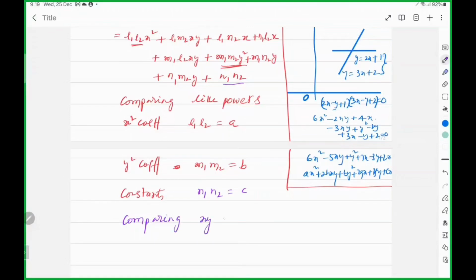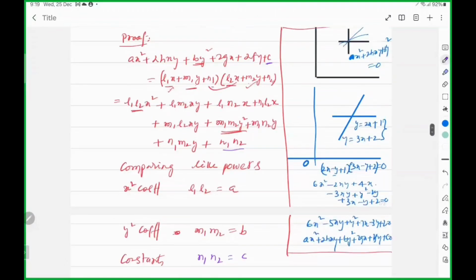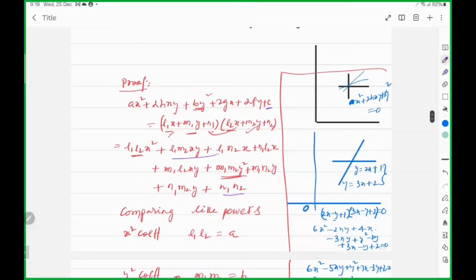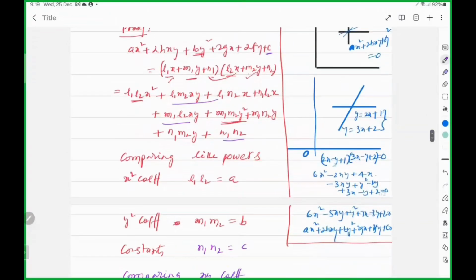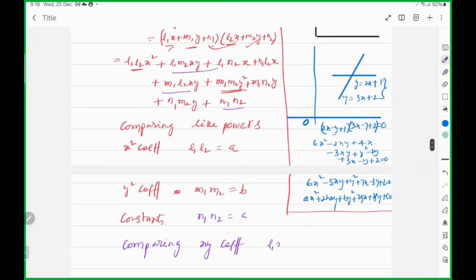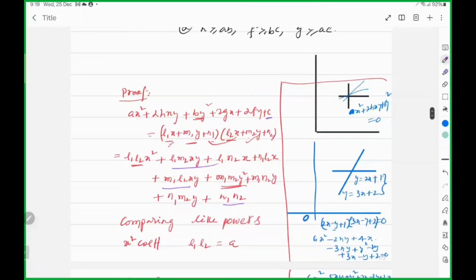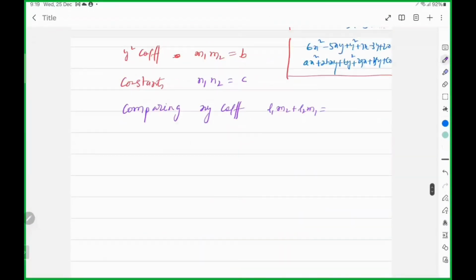Comparing the xy coefficient, here L1M2 + L2M1, which is 2h.